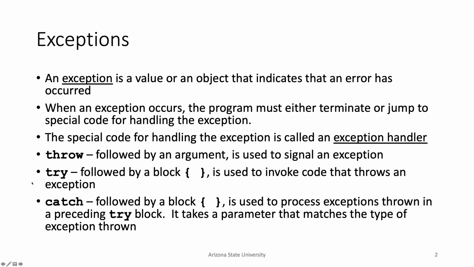The try block, so any code that could potentially throw an exception, you put in a try block. And we'll see how to do that. So it's kind of like an if statement, but here we're saying we're going to try to do this code, and if something happens, an exception does get thrown, we go down to catch statements. And catch statements are saying, hey, for this exception, I want you to do this.